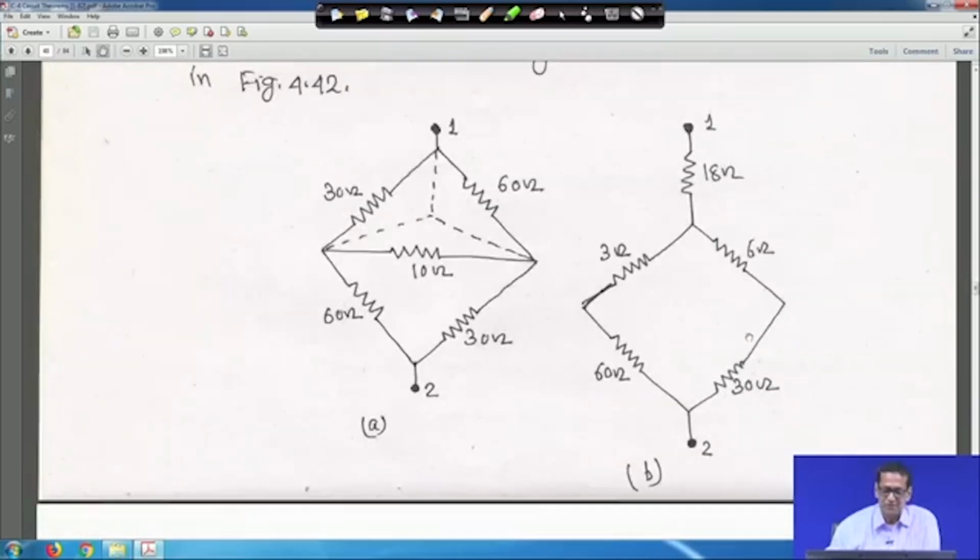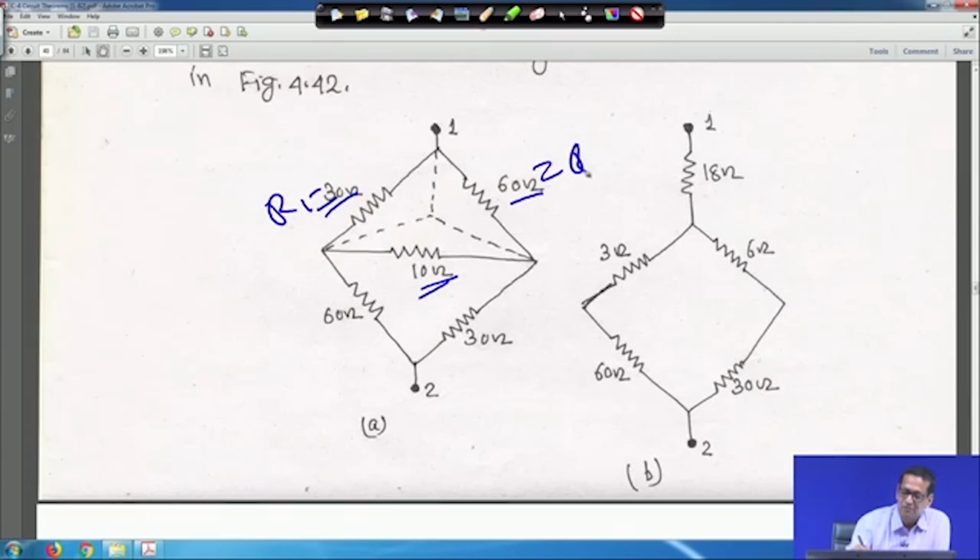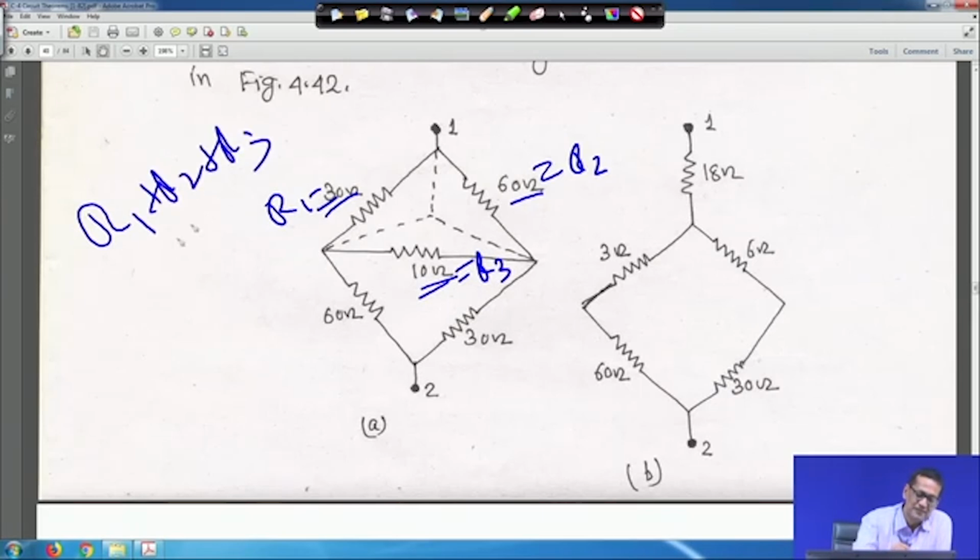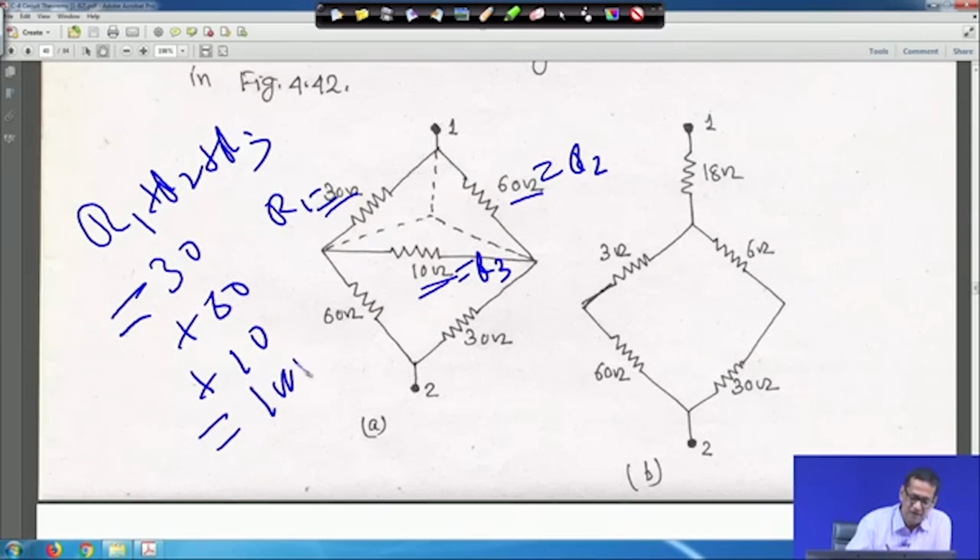So, here we are getting this 30, 60 and 10 ohm, they are in delta, we have to convert it to star. Suppose this is R1, this is R2 and this 10 ohm is equal to R3. So, R1 plus R2 plus R3 is equal to 30 plus 60 plus 10, which is equal to 100 ohm.